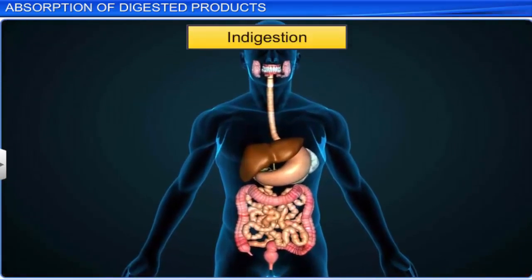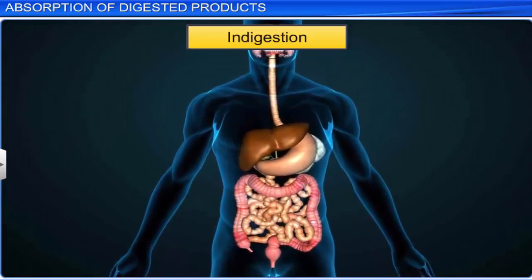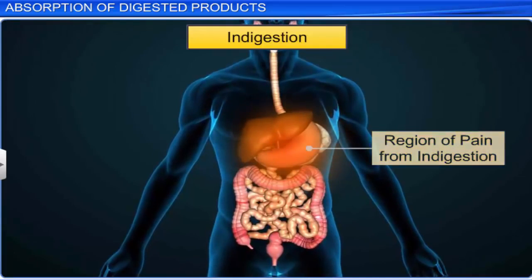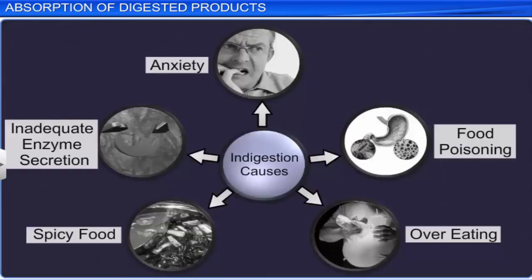Indigestion takes place when food is not properly digested and one experiences a feeling of fullness, pain, or heartburn. This usually takes place due to inadequate enzyme secretion, anxiety, food poisoning, overeating, and spicy food.